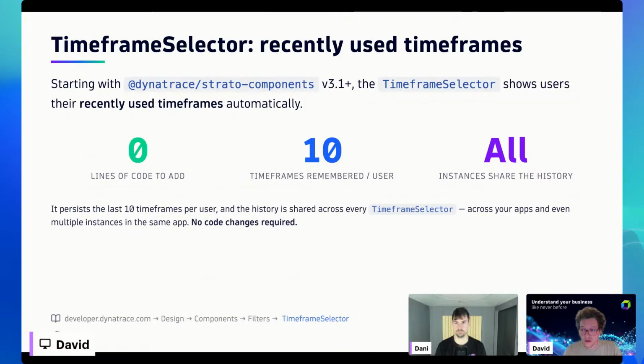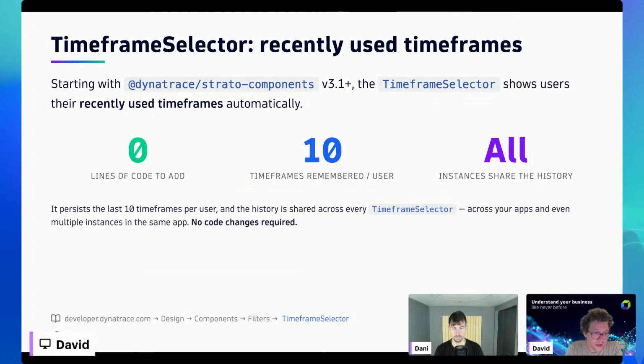So think about a user trying to figure out some issue on their system. They are using a notebook for it and plugging together a couple of queries. And let's say there was exactly last week on Monday or so, and they have this specific time frame in their query. And then they go to your app and want to continue their investigation.